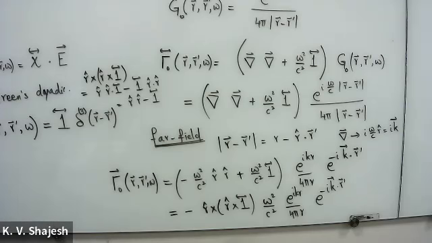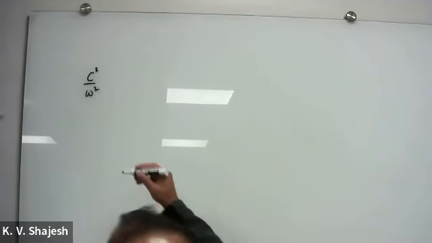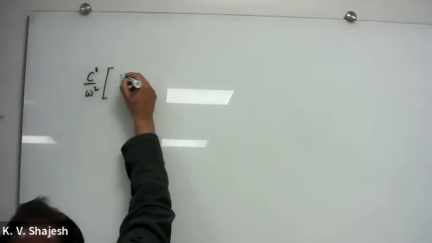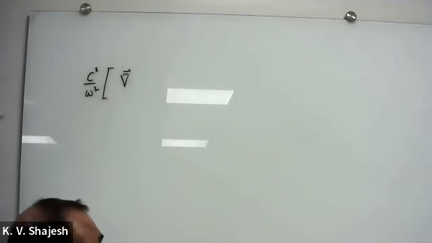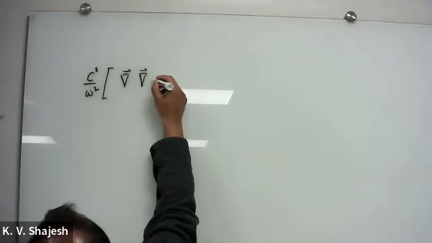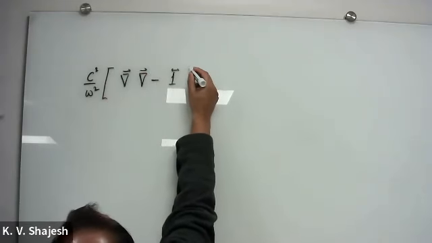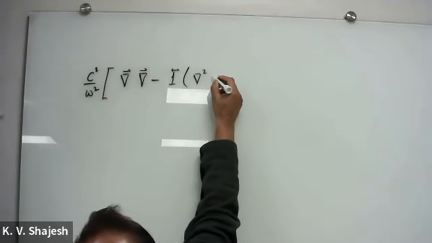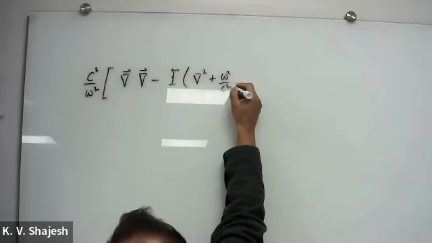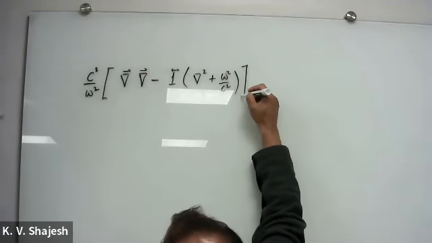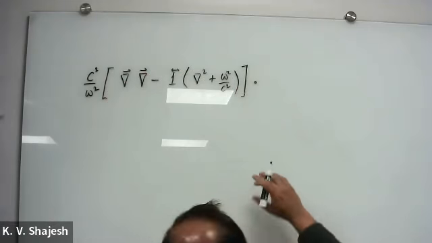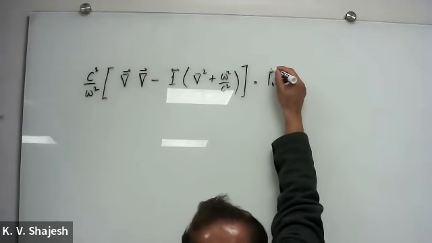We have this equation, so let me rewrite that. So I have my Green's dyadic, c square over omega square, gradient gradient minus 1 del square plus omega square over c square dotted with the Green's dyadic.